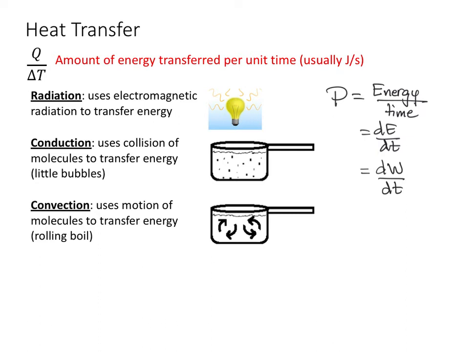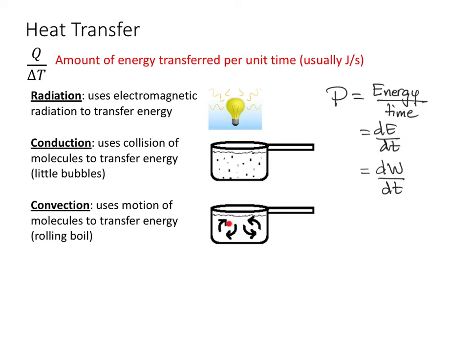For conduction, you can imagine if I have a pot sitting on a stove, the bottom of the pot gets heated by the stove, and that heat energy transfers throughout the entire pot so that eventually the handle gets hot. That's conduction.